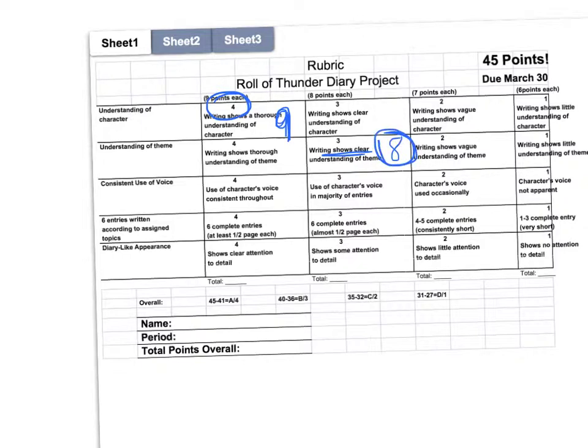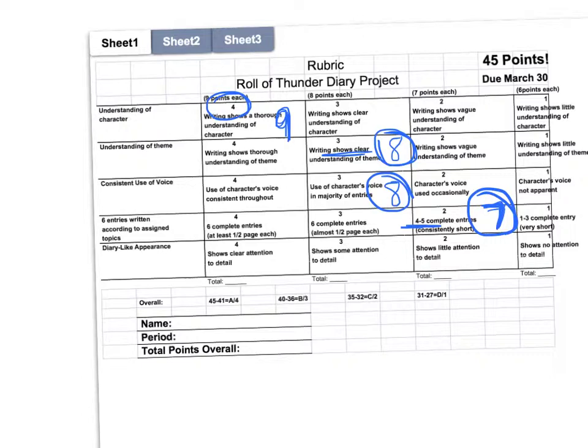And maybe in their entries they used voice most of the time. They were in the character's voice, but not all of the time. So they would give themselves 8 points. And they had a slightly incomplete diary. Instead of having 6 complete entries, they forgot to do the last one, as sometimes happens. So they had 7 points.